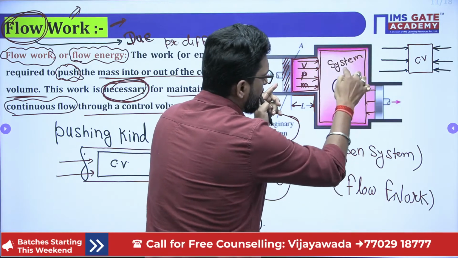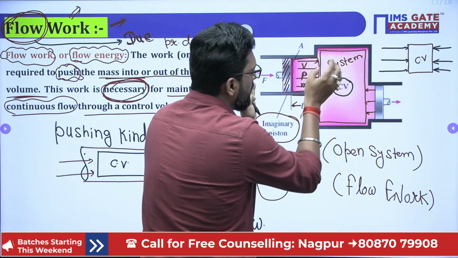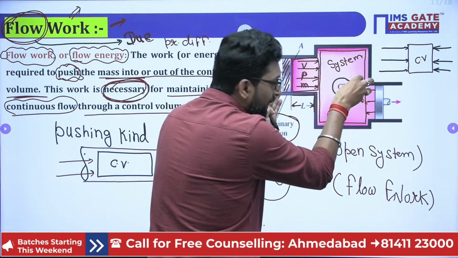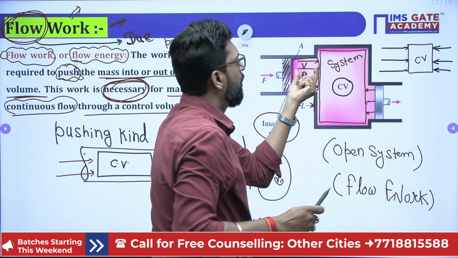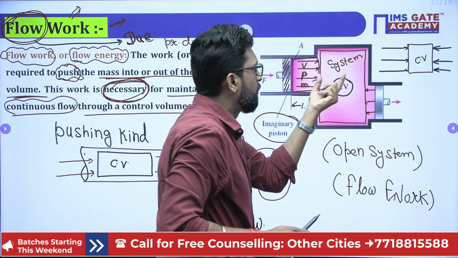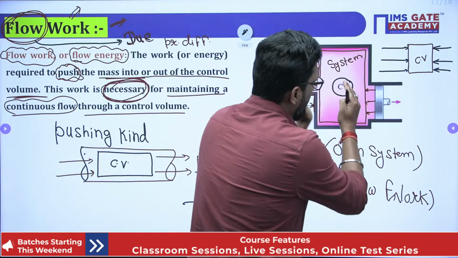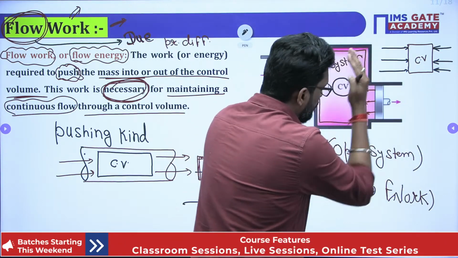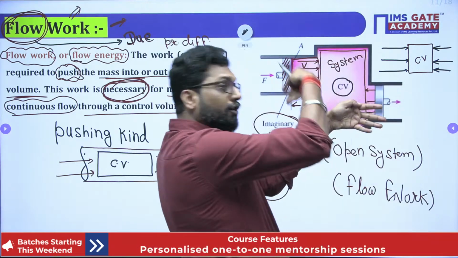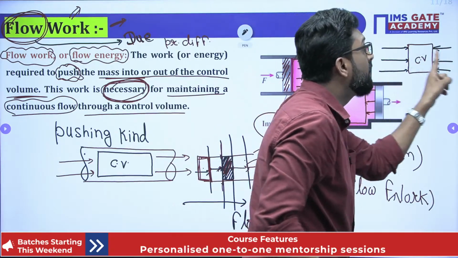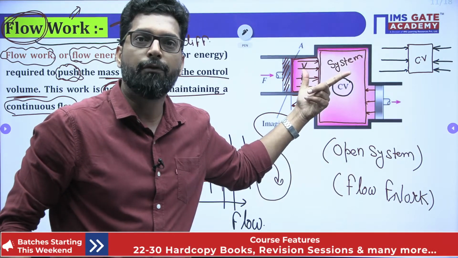If you want this chunk to enter, the piston will exert the force on it. And if you want this system to exit, this system will exert on the piston, so the piston will exert on the system in this direction. So this is the direction of pressure on the control volume when there is a flow.